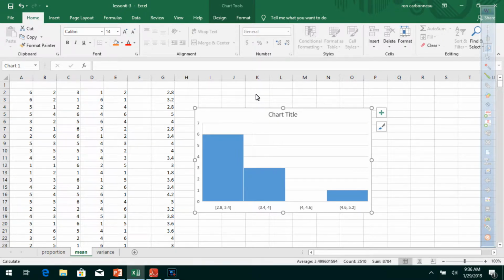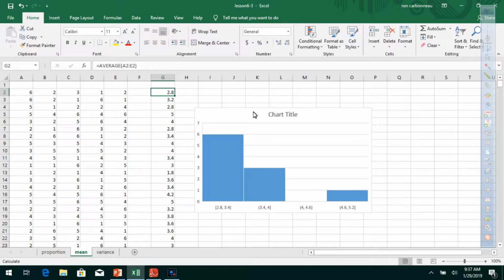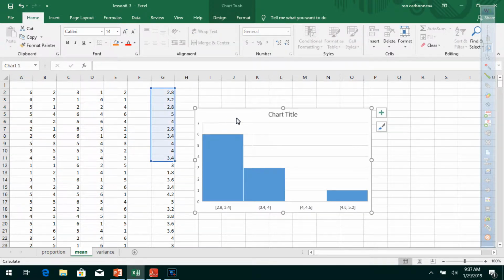Here we got probably a sample of 10. There we go, the sample. Here again, we got a sample of about 10.